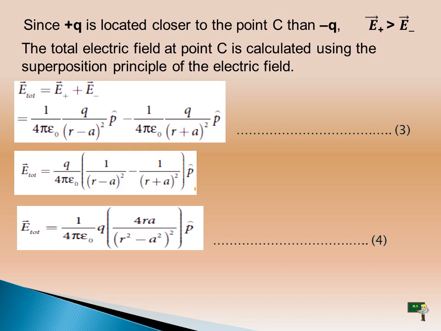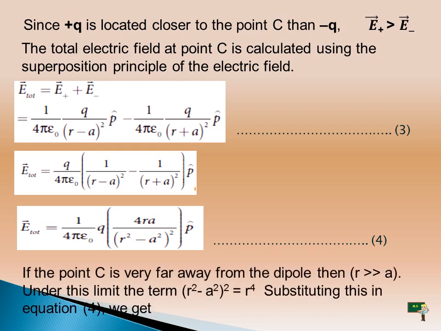Then if the point C is very far away from the dipole A to B, which means R is very much greater than A, we can neglect the term A. So under this limit, the term (R square minus A square) the whole square is equal to R power 4. We can neglect the term A square.